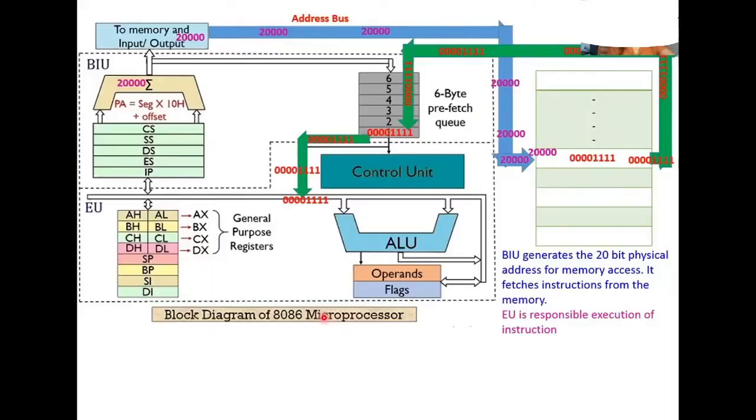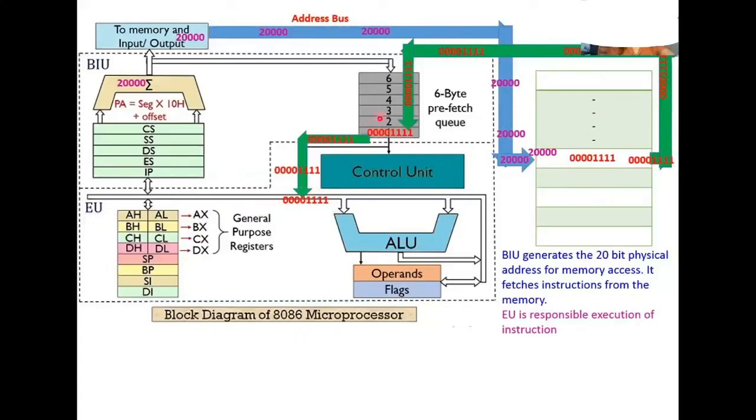So now see this one. After fetching the data from the external memory, now the data is waiting here. After the previous execution is done, then that particular data will be given to this execution unit. Then execution unit will execute this particular data.